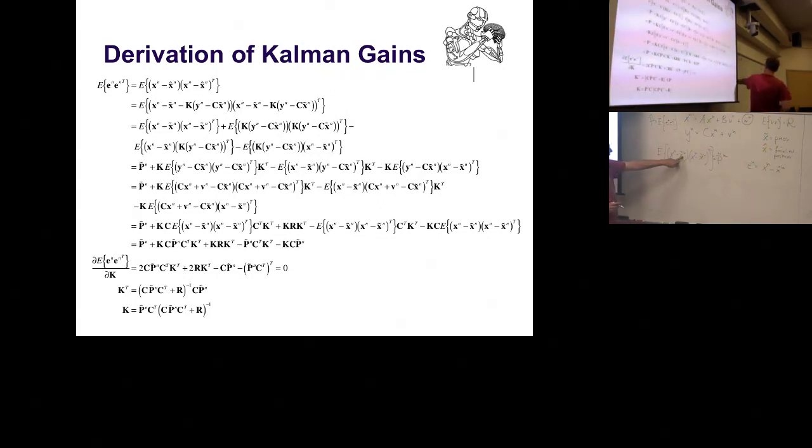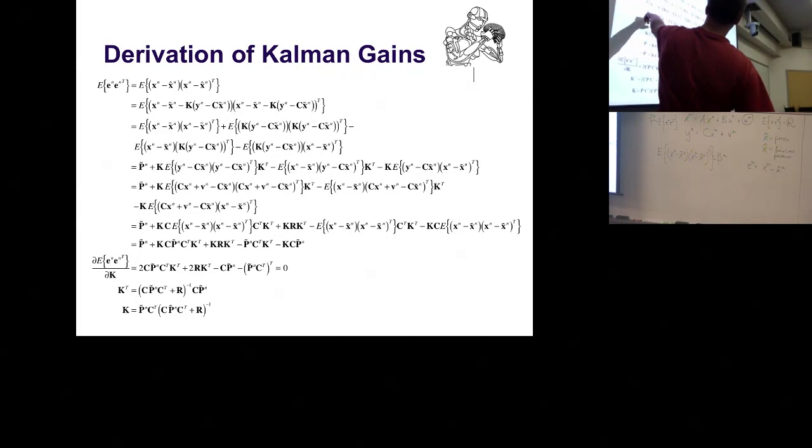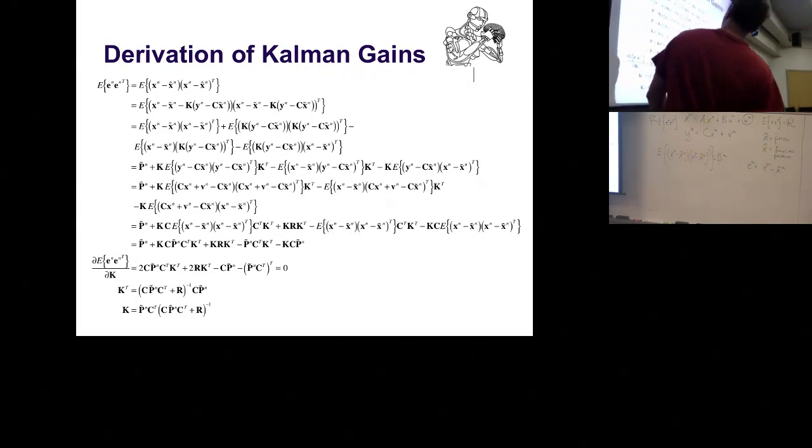But now I have the squiggle in here, I don't have the hat. So that makes that a prior covariance matrix, and this is a posterior covariance matrix. This is also indexed by n. So this is basically how we get this term, and it gets later on replaced by P squiggle.